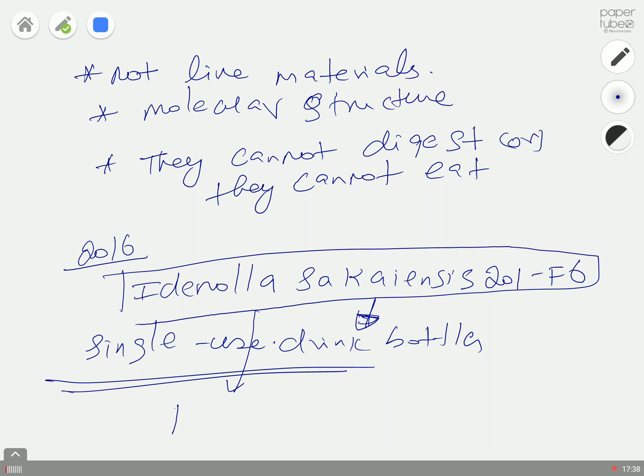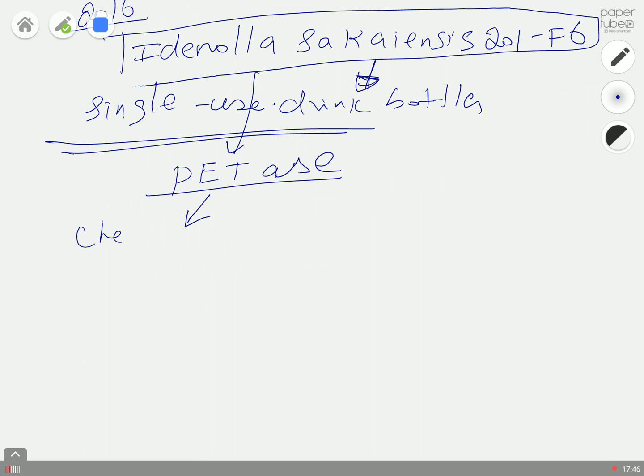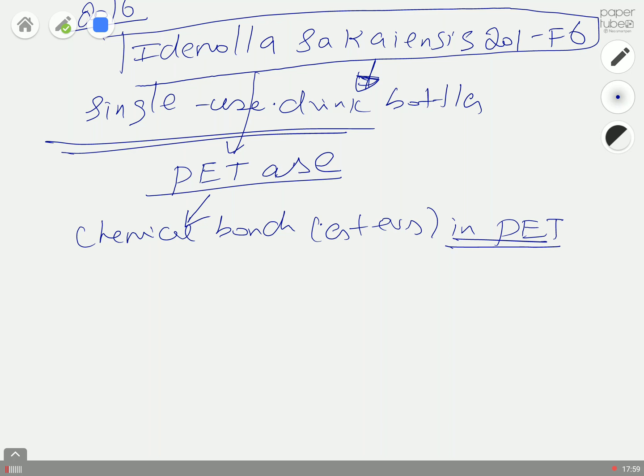It secretes an enzyme that can split the chemical bonds, the esters, in PET, polyethylene terephthalate, which is what they use to make plastic bottles.